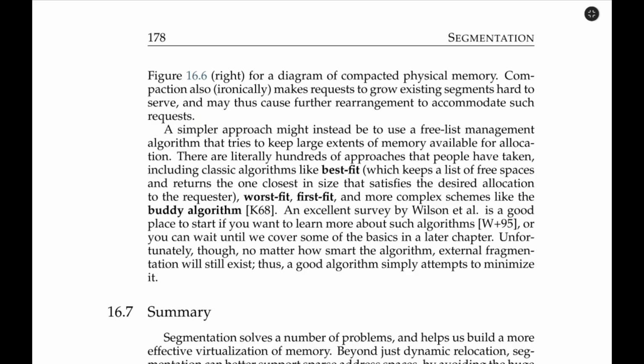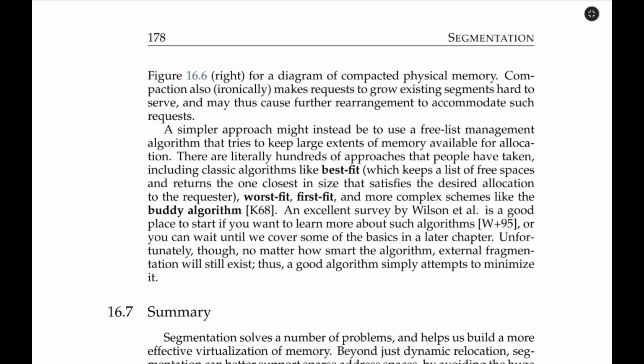A simpler approach might instead be to use a free list management algorithm that tries to keep large extents of memory available for allocation. There are literally hundreds of approaches that people have taken, including classic algorithms like best fit, which keeps a list of free spaces and returns the one closest in size that satisfies the desired allocation to the requester, as well as worst fit, first fit, and more complex schemes like the buddy algorithm.